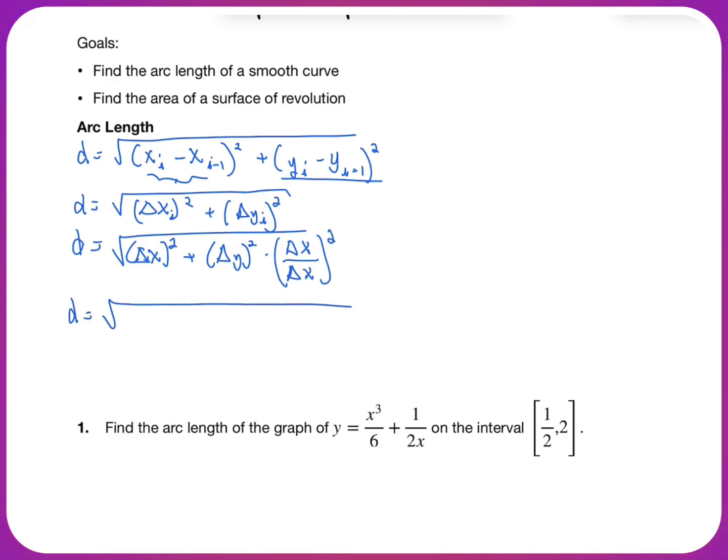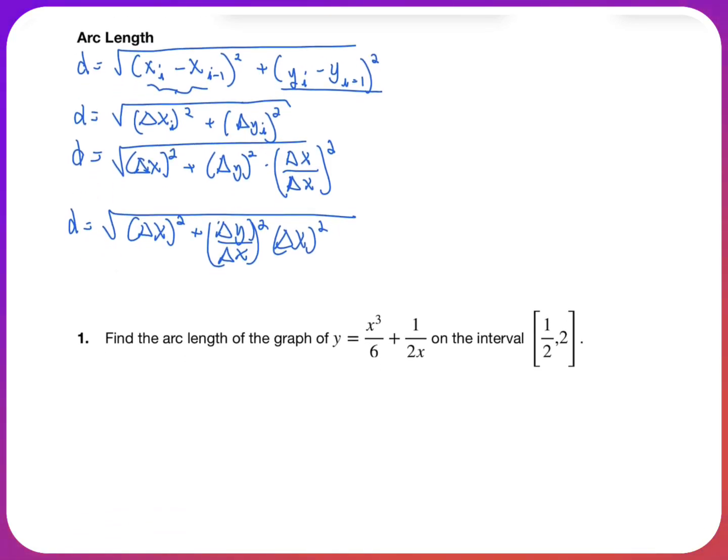The reason I did that is so that I can rewrite the second term as delta y squared over delta x squared times delta x squared. I moved that denominator to the first term in that multiplication, because the order of multiplication doesn't matter. Now I can factor out my GCF of these two terms, which is delta x squared.